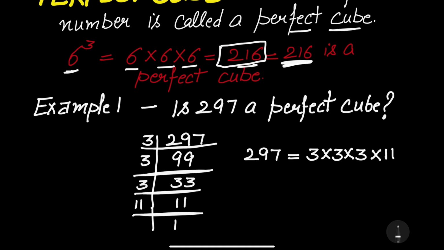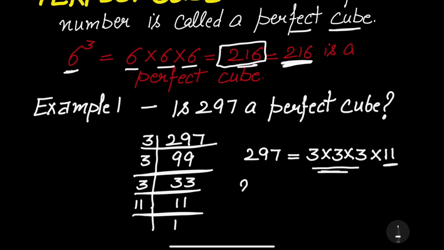Now students, look here, how many times is 3 coming? 3 times. So it is in triplet form, but the number 11 is not coming 3 times. It is coming only 1 time. So it is not in triplet form. If 11 also came 3 times, then we could say that the number is a perfect cube. But here only 3 is coming 3 times, so it is not a perfect cube. Why?